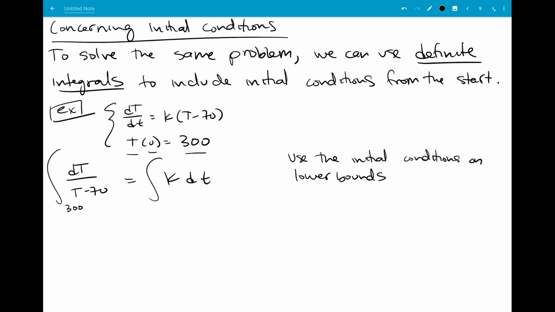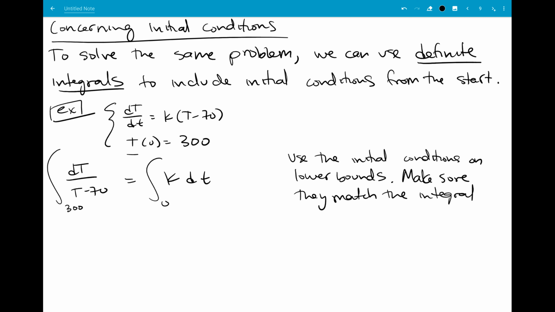The first time that I ever consider is 0. So importantly, you need to make sure they match the integral. My integral on the right-hand side is with respect to time. That's why I plugged in my initial time. My integral on the left-hand side is with respect to temperature. That's why I plugged in the temperature initial condition of 300.